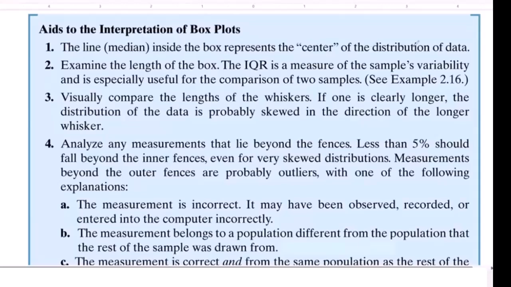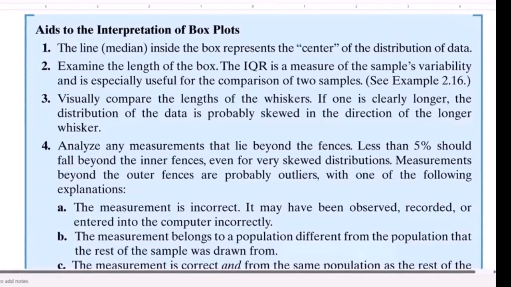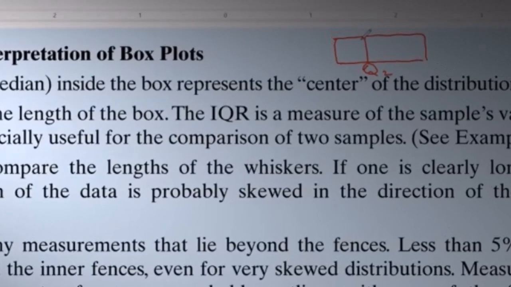The line, or the median, inside the box represents the center of the distribution of data. That's what the median is. Examine the length of the box. From here to here, what do we call that?